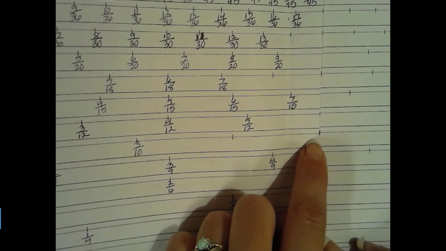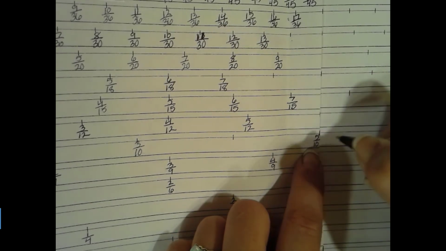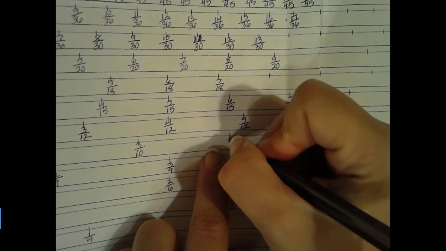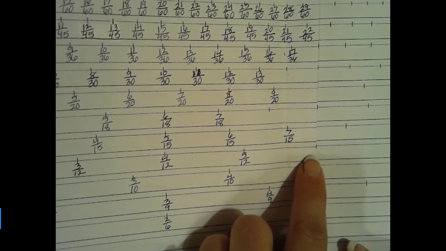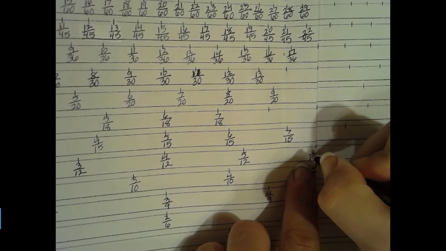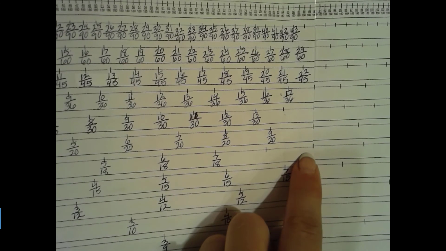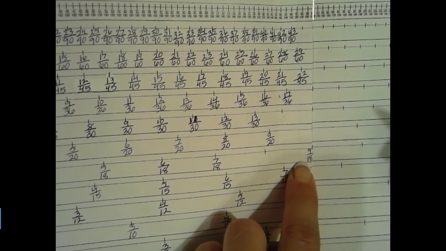None here. Here would be 5 tenths because 5 is half of 10. This one that's missing we have to get down, which is 4 tenths. Here is 6/12. 6 is half of 12. None here. Here would be 9/18.